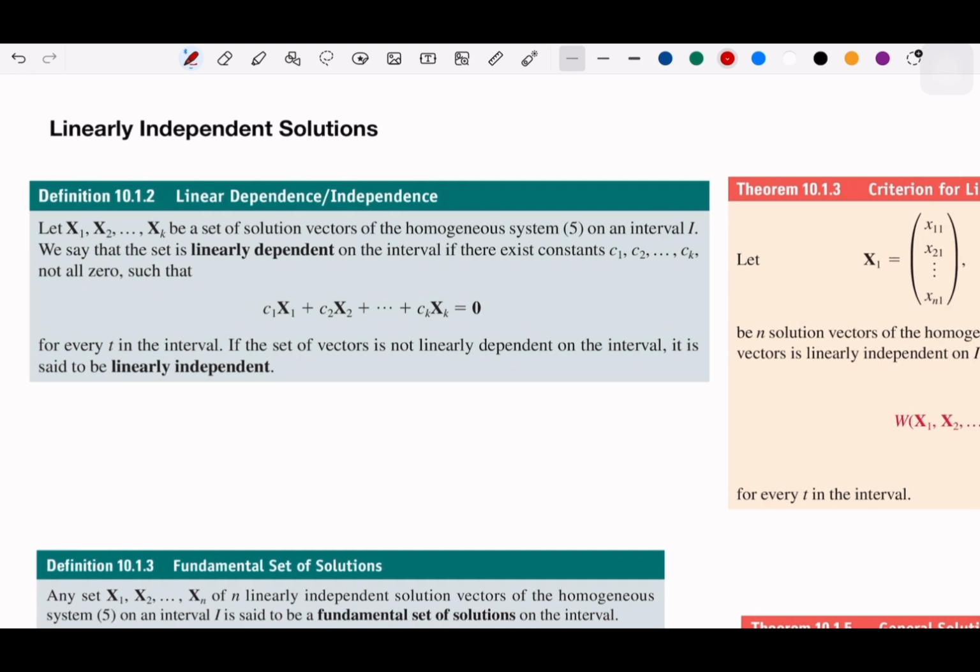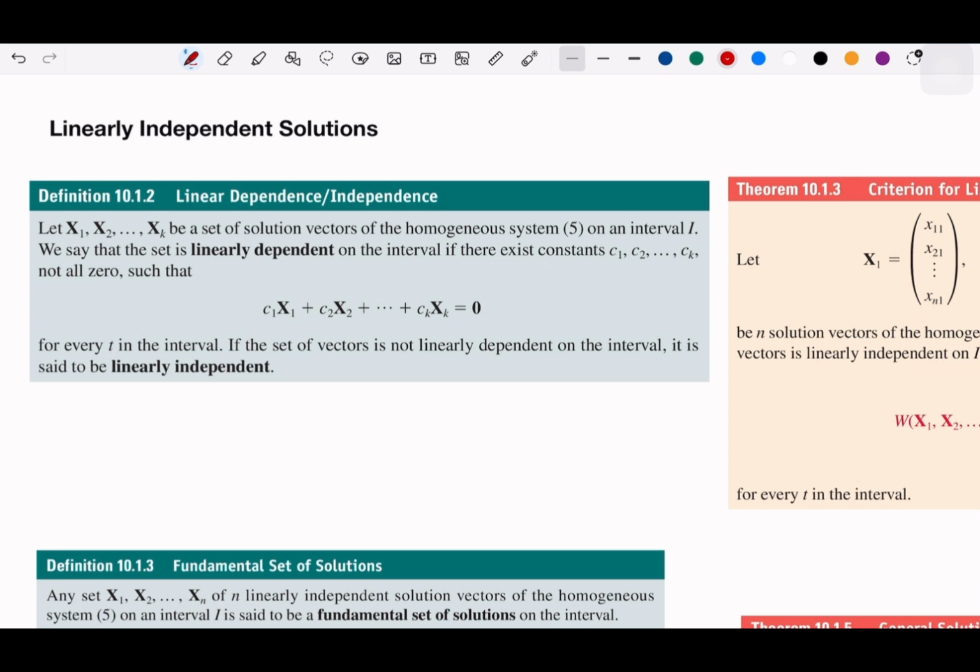So we could say that if we have these linear combinations and we could make that combination equal 0, then we can tell whether the vectors are dependent or independent. If this equals 0 for every parameter t in the interval, then the set of vectors is linearly dependent; otherwise it is linearly independent on the interval.